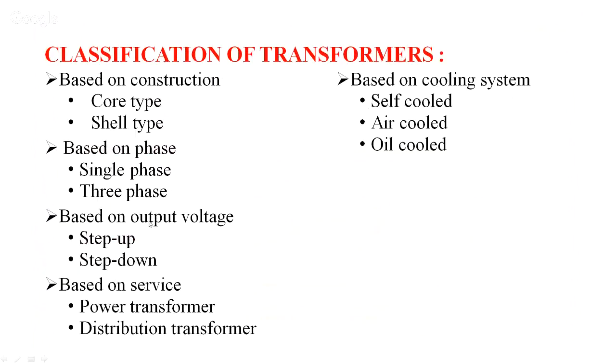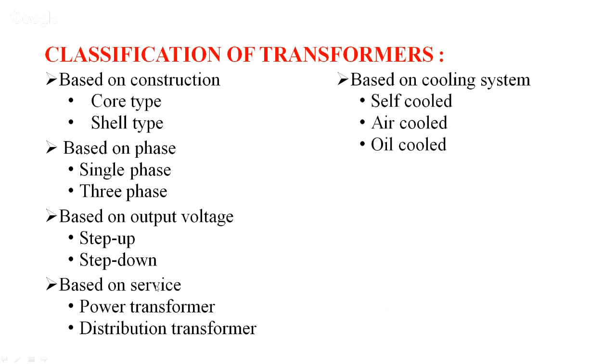Next we'll come to the classification of transformers. Based on construction, it is classified as core type and shell type. Based on phase, it is classified as single phase and three phase. Based on output voltage, we have step up transformers and step down transformers.